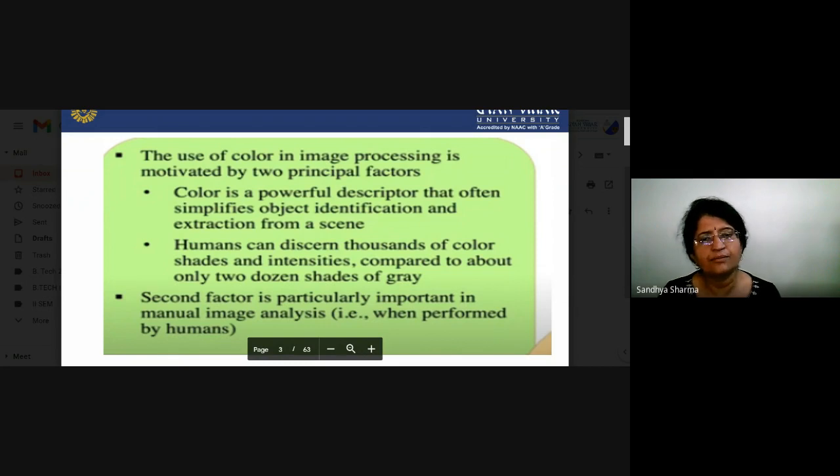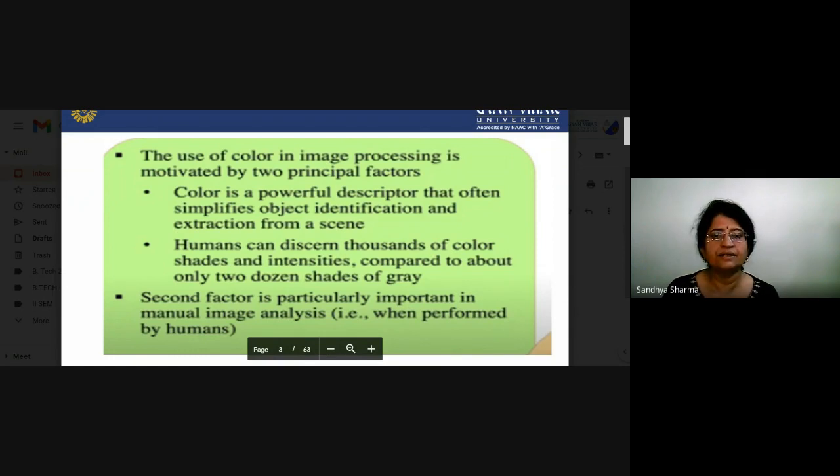In the gray level system there are only two dozen shades, but color shades and intensities are in the range of thousands. So there is a big difference between gray shades and color shades.